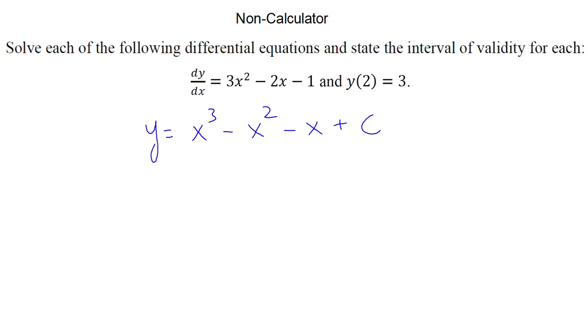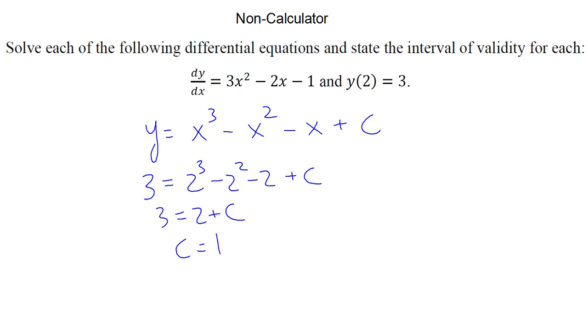And so what we need to do is find that constant by plugging in our initial condition that when x is 2, y is 3. Well, if we solve this, 2 cubed is 8 minus 4 minus 2. That's 8 minus 6 is 2. So we have 3 equals 2 plus c, or our constant is 1.